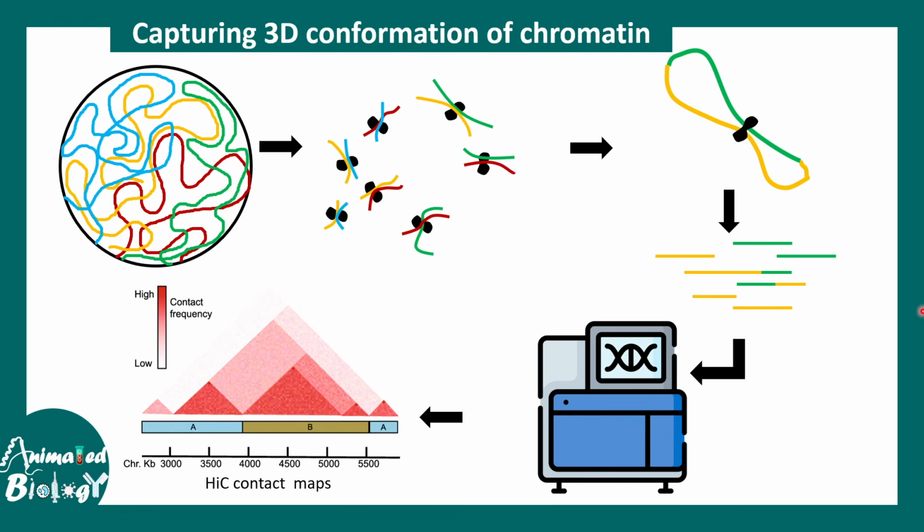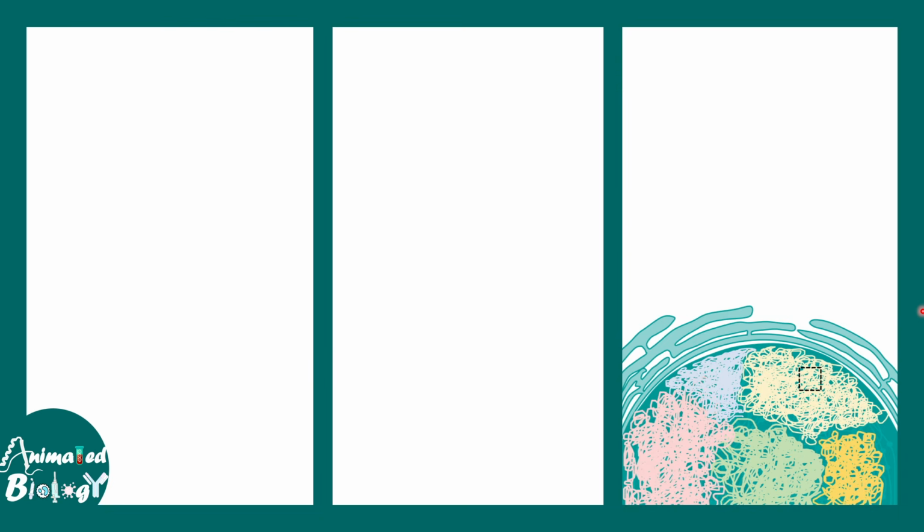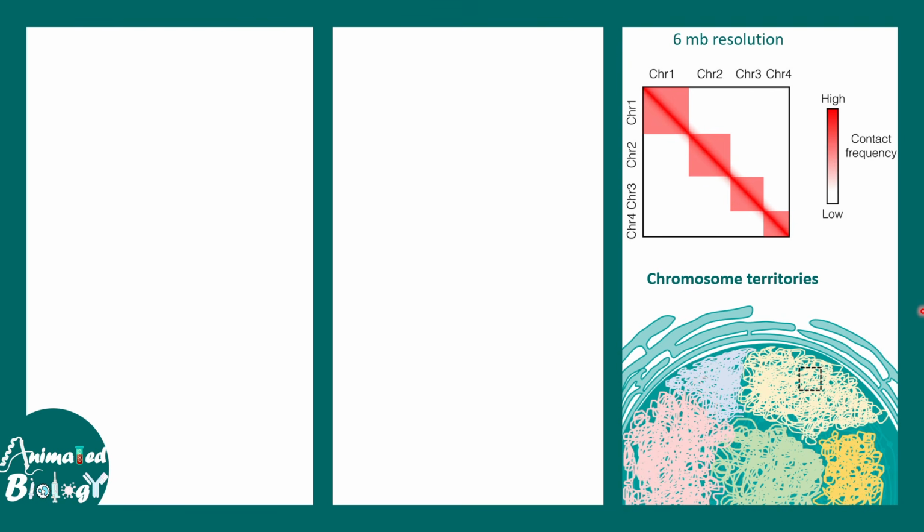After that, with a sequencer machine, one can look for the sequences which are closely related with each other, because if these sequences are from different chromosomes, that tells us that even if they are from different chromosomes, in a 3D space they were close together. So this is a difficult concept to understand, but it's still important.